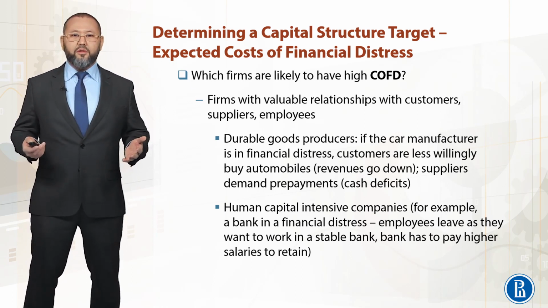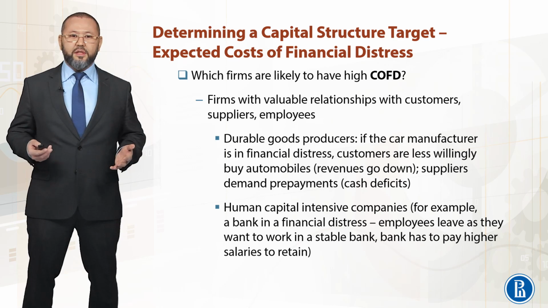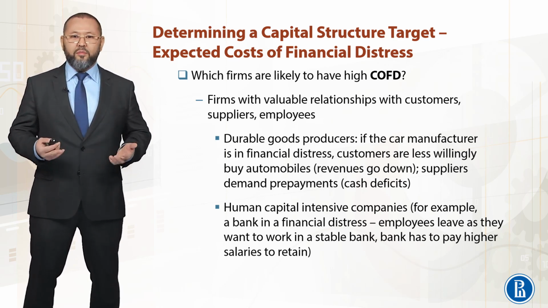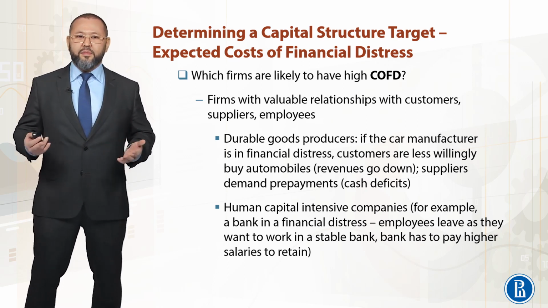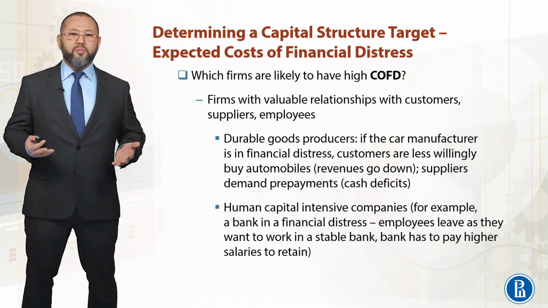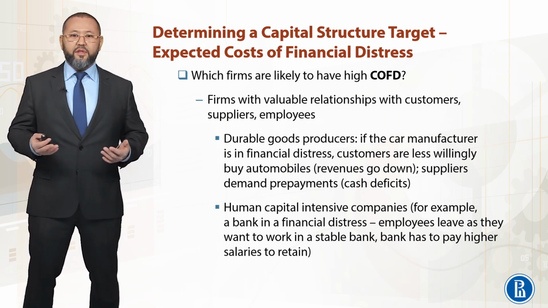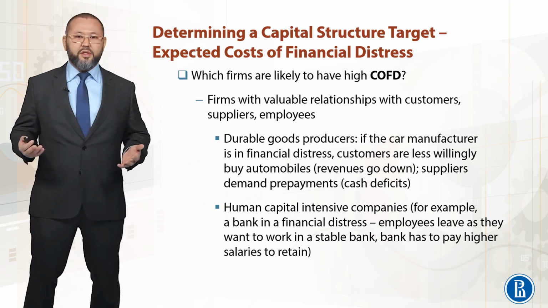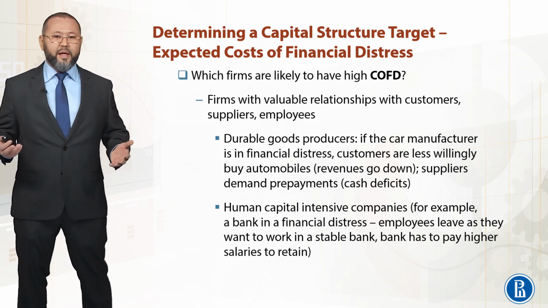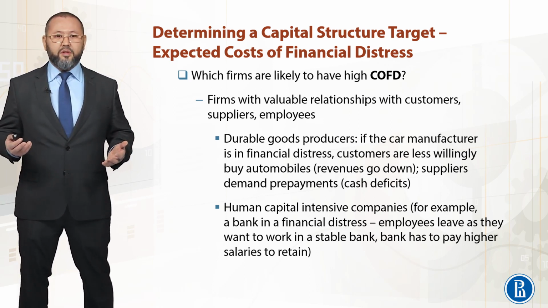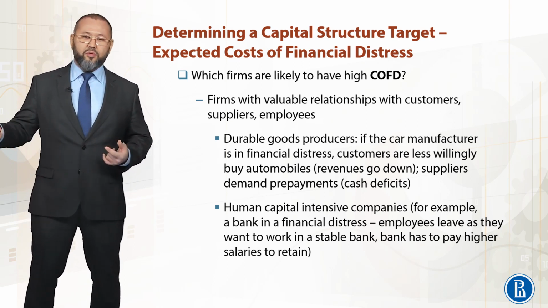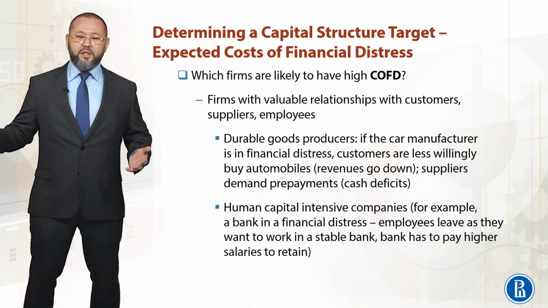Which firms are likely to have high costs of financial distress? The first type is firms with valuable relationships with customers, suppliers, and employees. For example, durable goods producers. If a car manufacturer is in financial distress, customers are less willing to buy its automobiles because they don't want to face a situation where they bought an automobile and there is no service after the distress of the company.